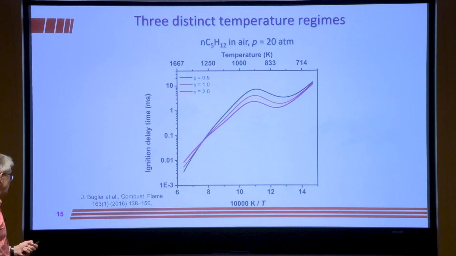And then we have this weird feature: if we draw a line across here, the reactivity reaches a maximum, and then above that temperature, depending on which equivalence ratio you're at, the reactivity decreases when you increase the temperature. And then it increases again once it reaches this threshold at about 1000 Kelvin. So that's interesting, right?